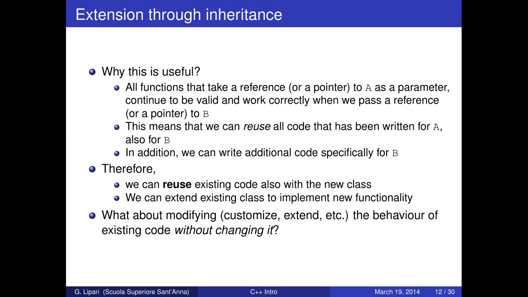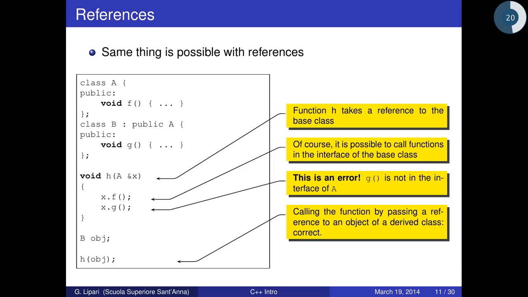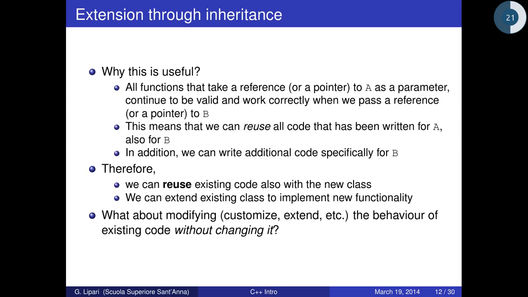So why is extending by inheritance useful? Well, the real use of inheritance is exactly in this piece of code. When you have a function that works on references or pointers to base classes, I want to make sure that this one is also working on derived classes.